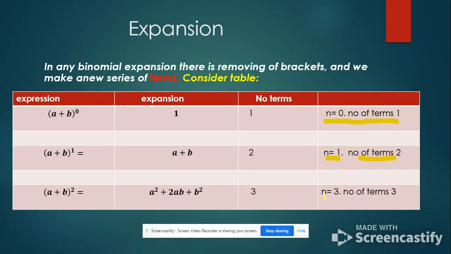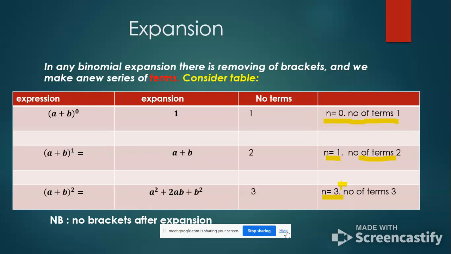This implies that we increase n by 1 to get the number of terms. Again, we note that there are no brackets after we've done an expansion.